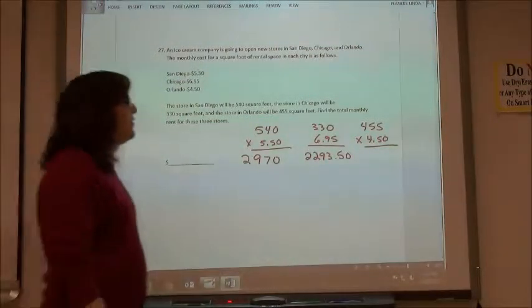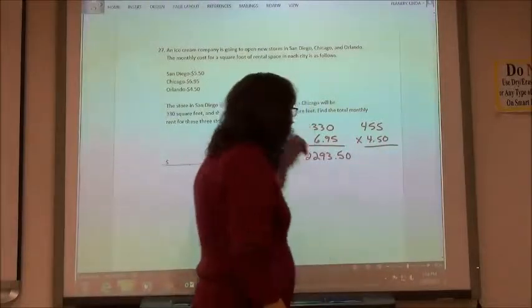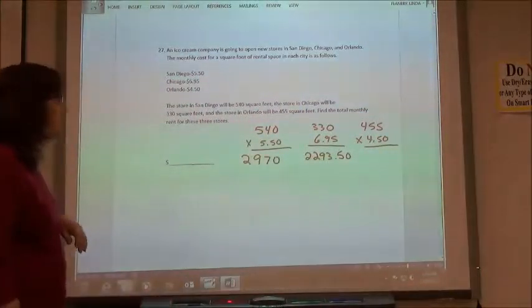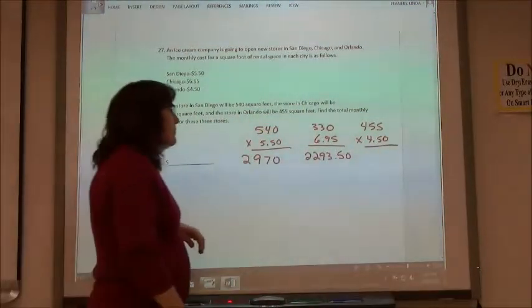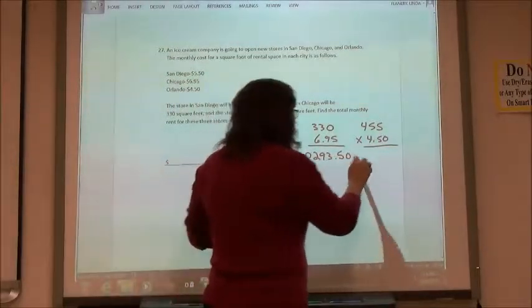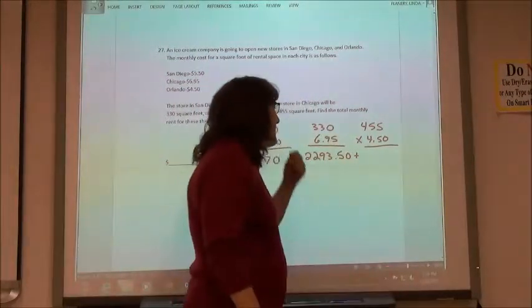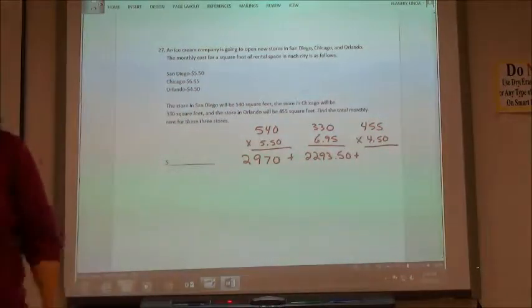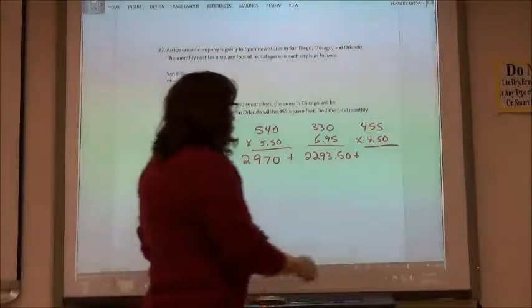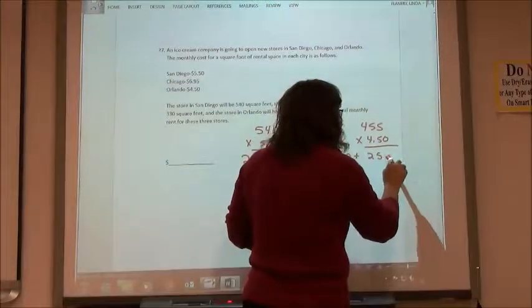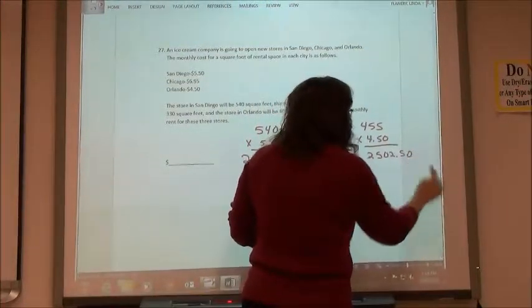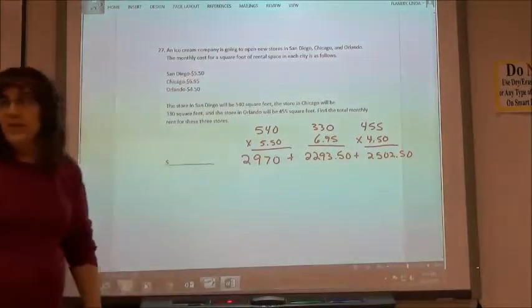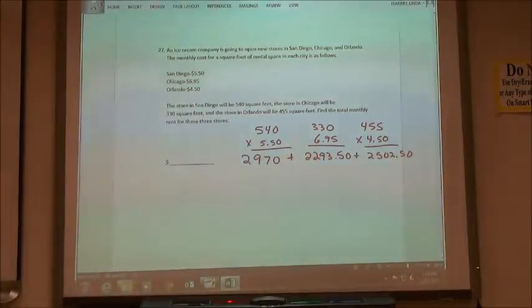And then 455 times 4.50 is $2,502.50. So if we want to find the total monthly rent for those 3 stores, we're going to add all those numbers together, right?